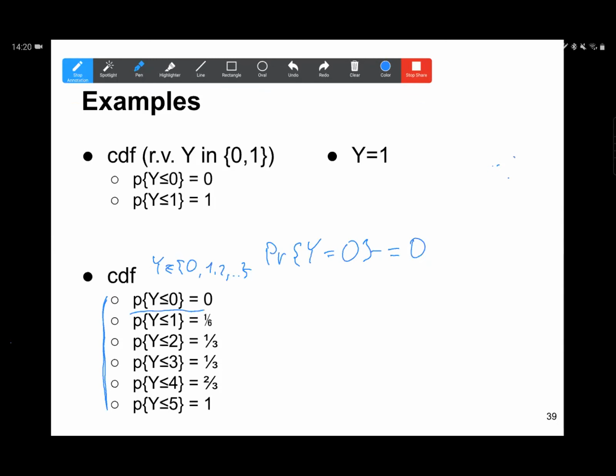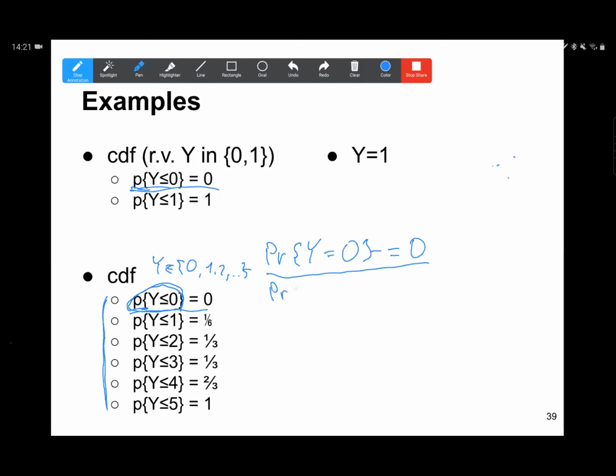Again, we look here, just as we had here. If we know in simple language from here that this random variable is never smaller or equal to 0, then in particular we know that it is never equal to 0. Or in other words, the probability that this random variable is equal to 0 is equal to 0. Okay? So this is the same as here.